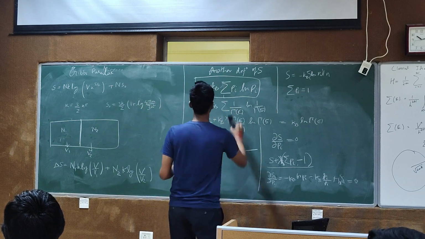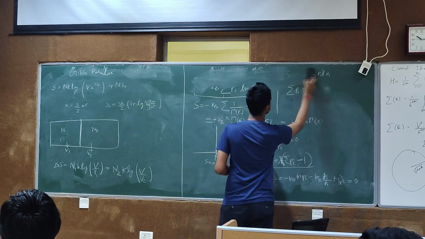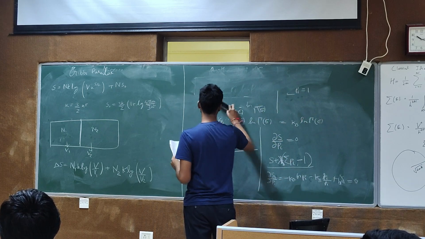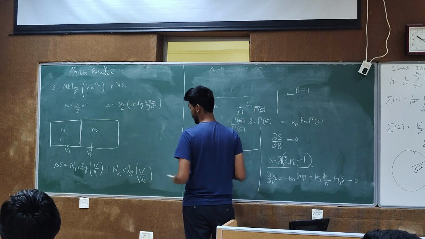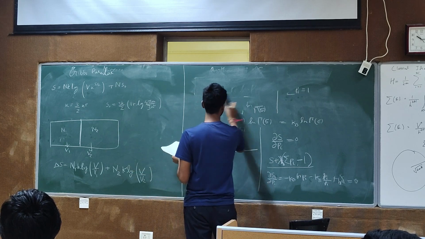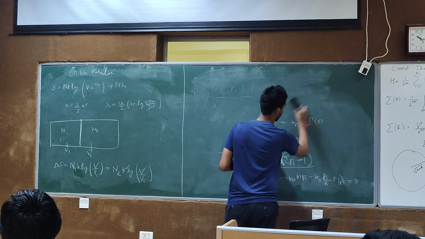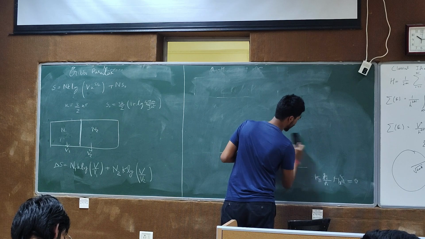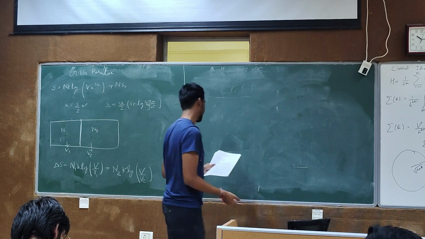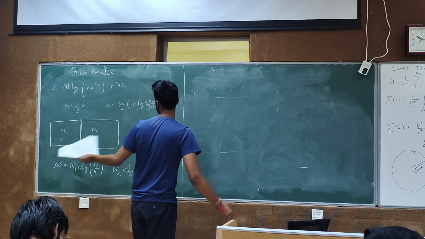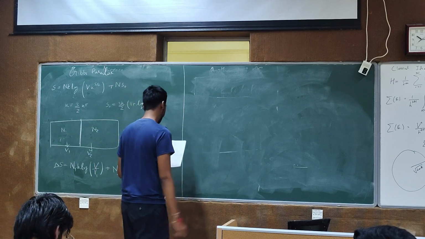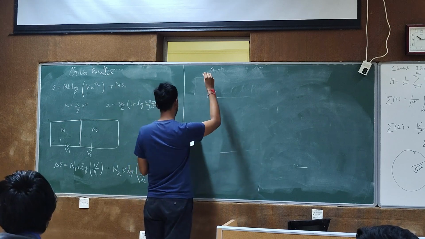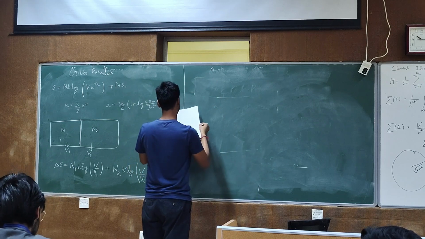So Gibbs basically showed that when you put a term of 1 by n factorial into the counting, you don't get this increase in entropy for the same gas. And he put it in without any logic. I mean, he just put it so that the change in entropy comes out to be zero. So let's see.